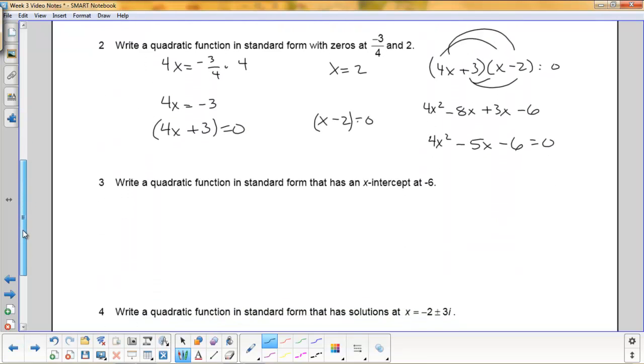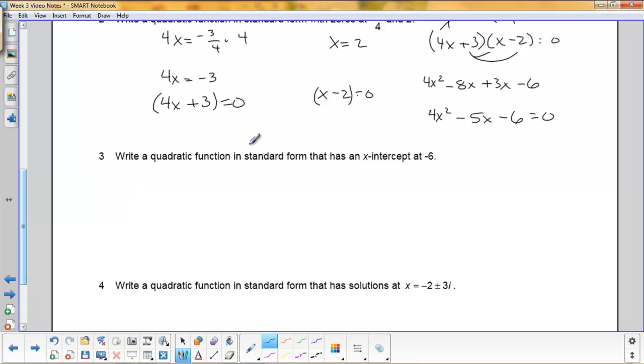Moving on down to the next one, we are going to write the quadratic function in standard form that has an x-intercept at -6. So that's going to be x equals -6, x plus 6 equals 0.